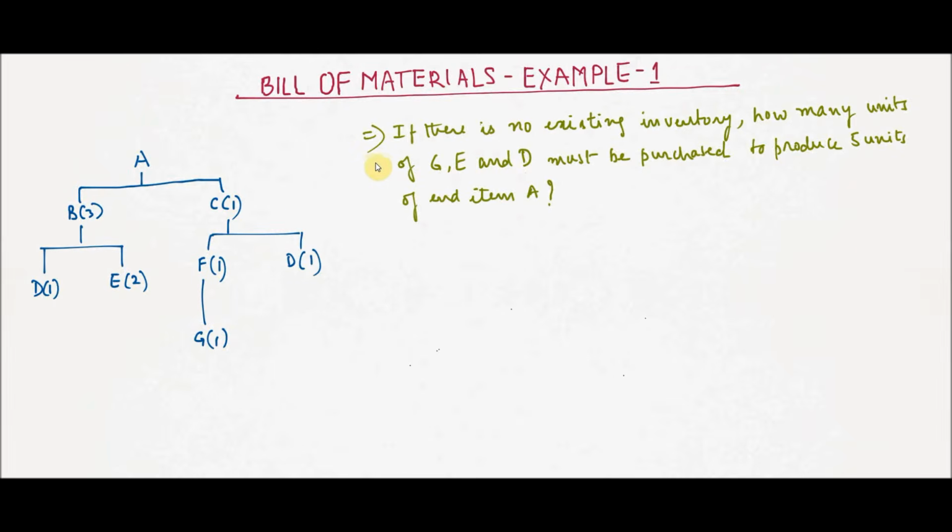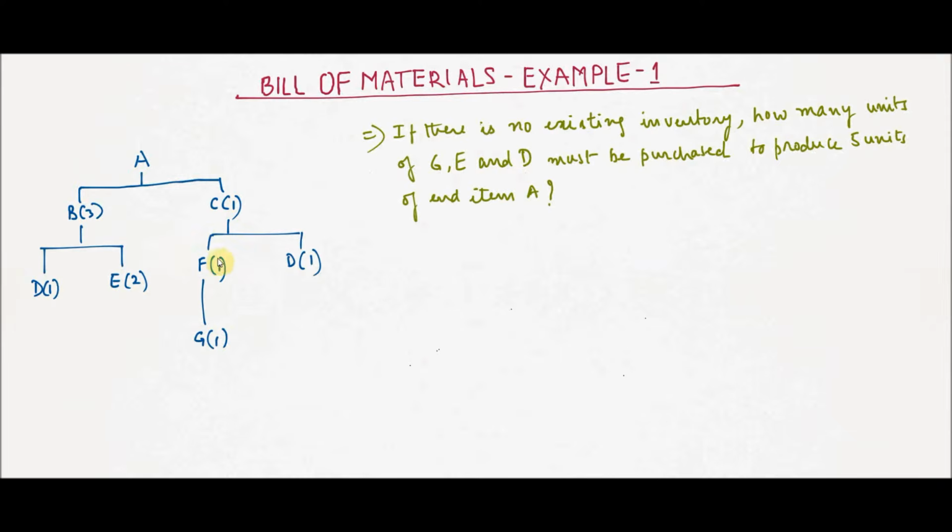Now the question is that if there is no existing inventory, how many units of G, E and D must be purchased to produce 5 units of end item A?